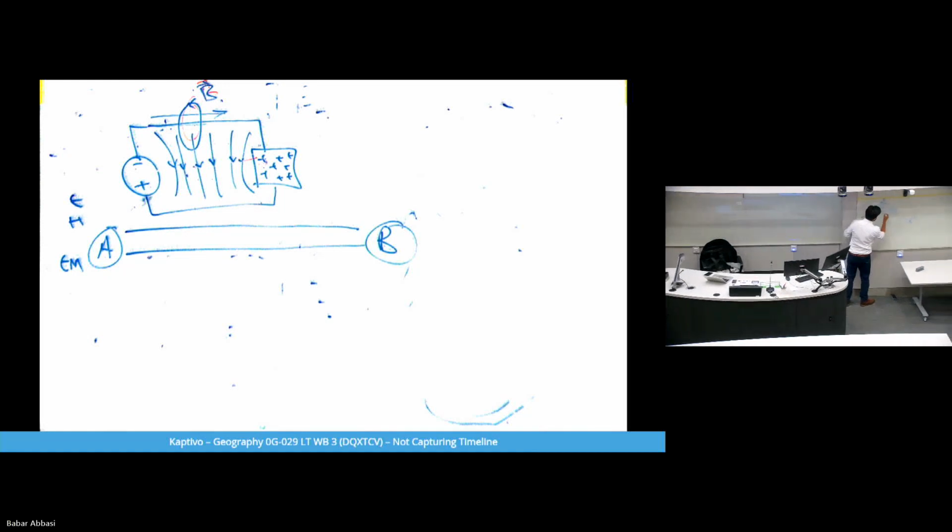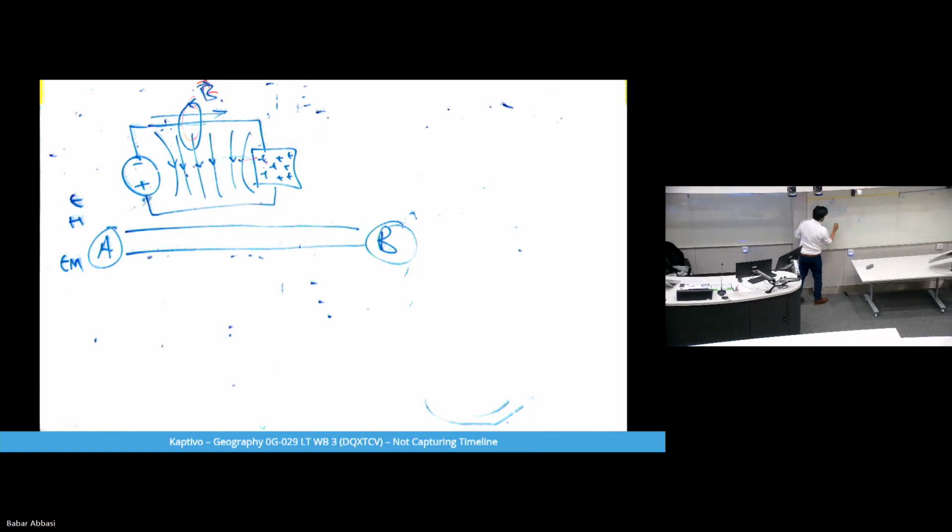So something like this in the third dimension. Magnetic flux density will produce an electric field. Electric field density will produce a magnetic field. And overall, we will have a flow of energy from one point to the other defined by E cross H.